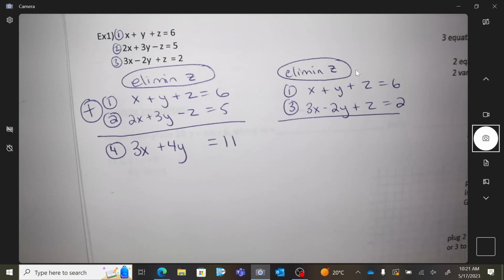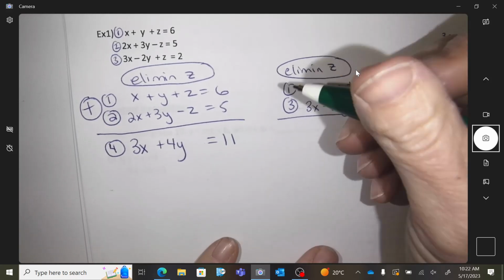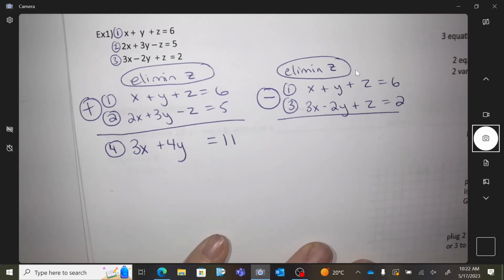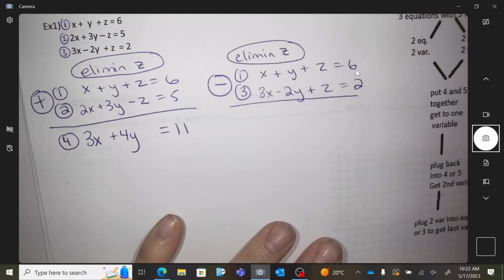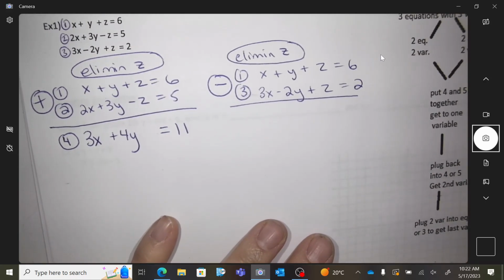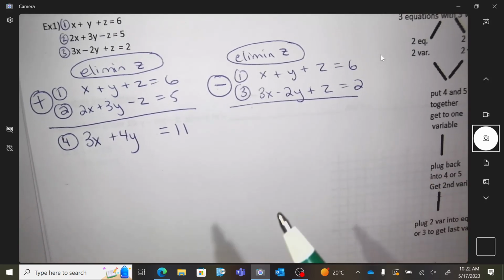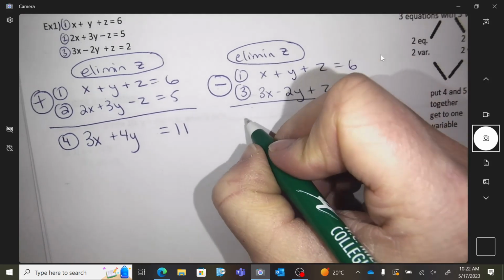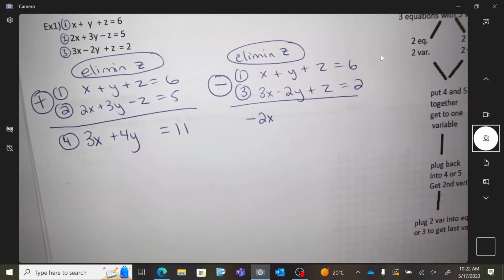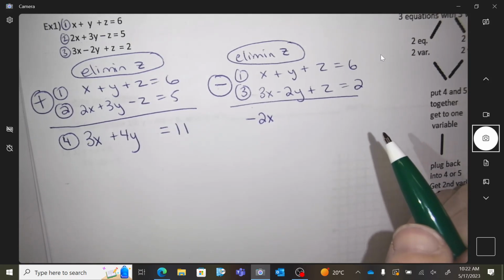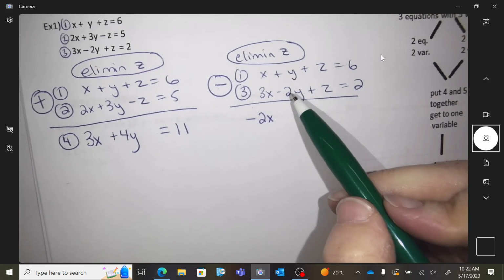So 1 and 3, and we have to eliminate Z because we did that the first time. We have to stick with that. Subtract. Be careful. Go nice and slow with this integer stuff. This is where the mistakes happen. 1 subtract 3, -2. Slow and steady wins this race because of the integer stuff.